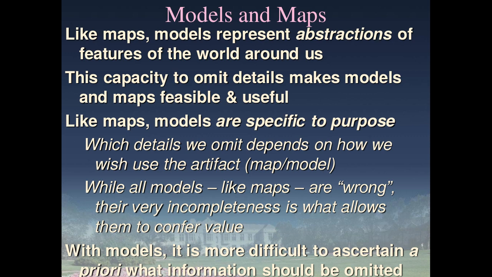With maps, we view the abstraction from detail, the hiding of detail, as an asset. In models, it's like that as well. We're not seeking here the perfect map. The only perfect map of the world is the world itself. The only perfect model of the world is the world itself. And neither of those is very useful. So maps are specific to purpose, models are specific to purpose. Which details we omit depends on how we wish to use them.